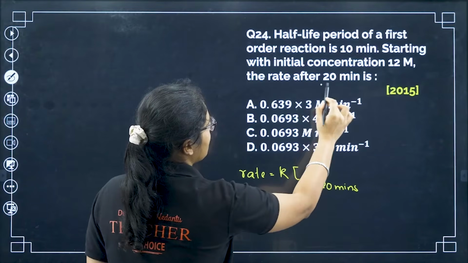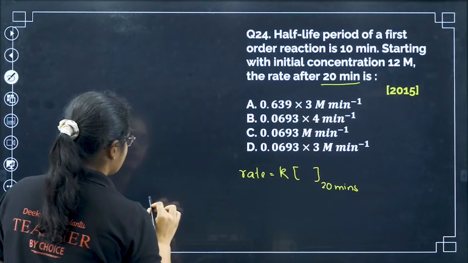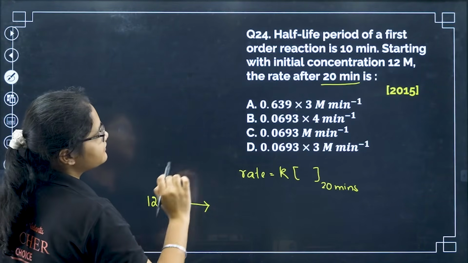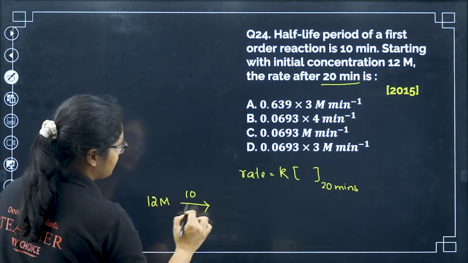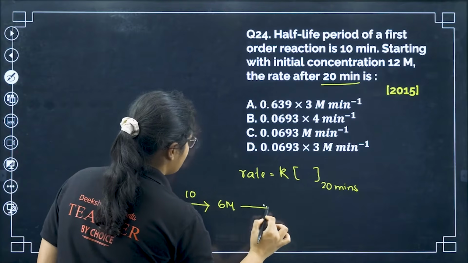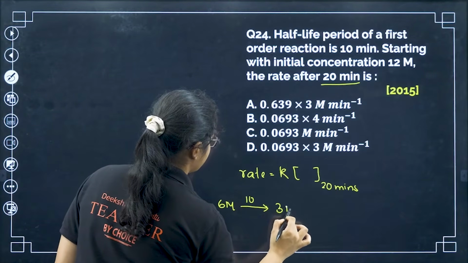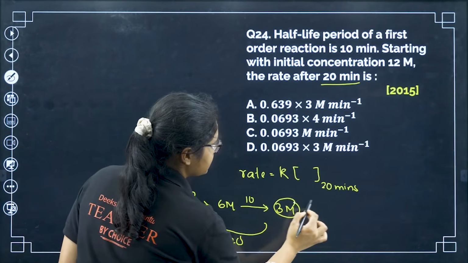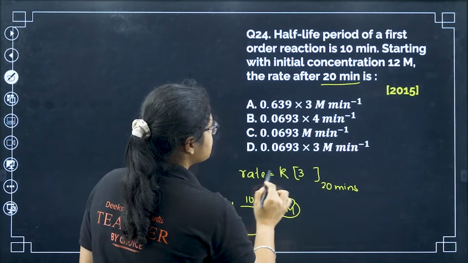We started with 12 molar and the half-life is 10 minutes, so after 10 minutes it would have become 6 molar, then after another 10 minutes 3 molar. So after 20 minutes the concentration is 3 molar.